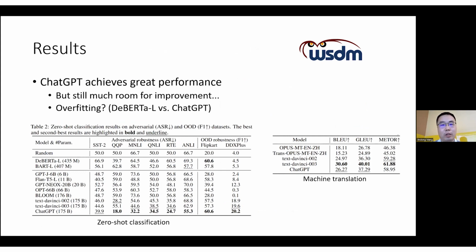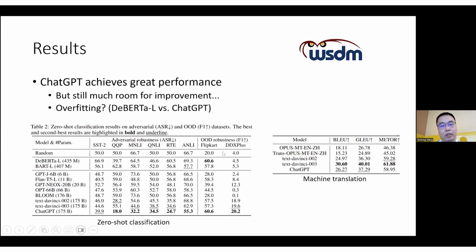So here are some concrete numbers of the results, which is maybe not very good news for OOD researchers, but very good news for ChatGPT researchers, because you can see that ChatGPT achieves the best performance across all the benchmarks, and it outperforms all methods, though not in machine translation.